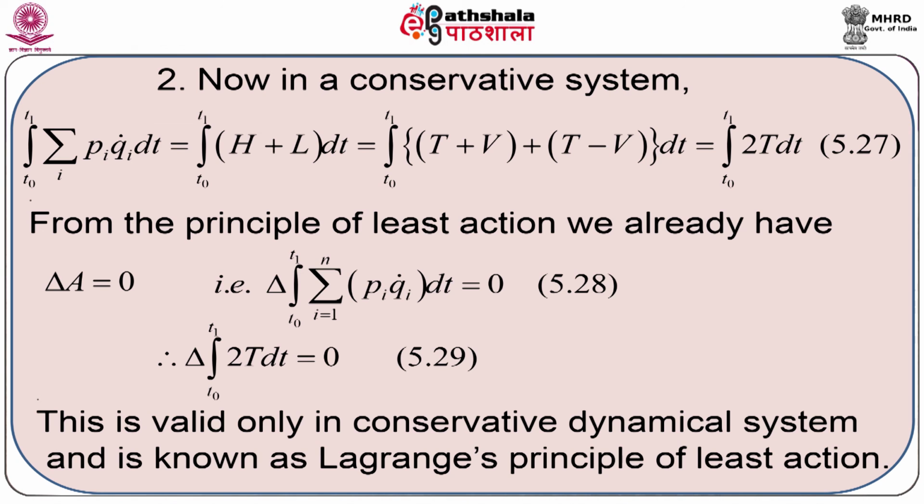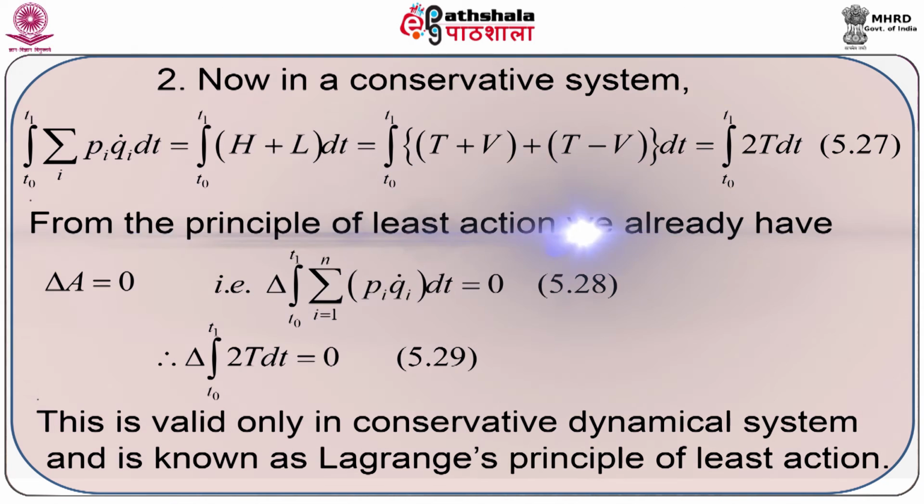In a conservative system, the integration t0 to t1 of the summation over i of pi qi dot dt equals the integration t0 to t1 of H plus L dt, which equals the integration of T plus V plus T minus V dt, since H equals T plus V, whereas L is equal to T minus V. Therefore, we have the integration of the summation over i of pi qi dot dt equal to the integration t0 to t1 of 2 into T dt.